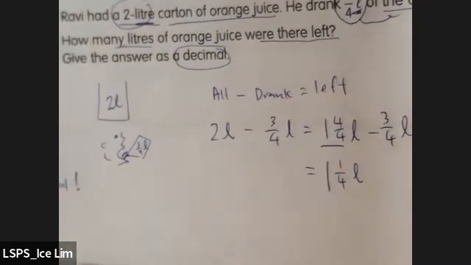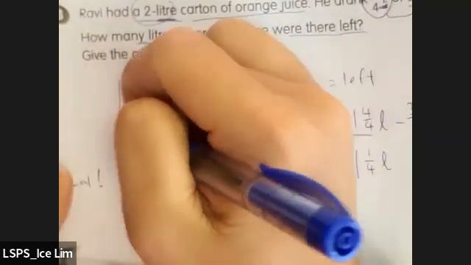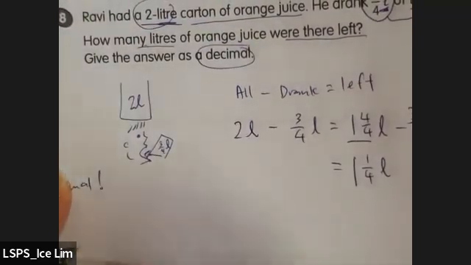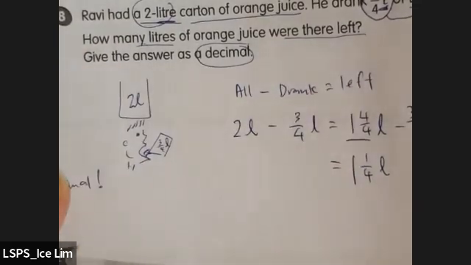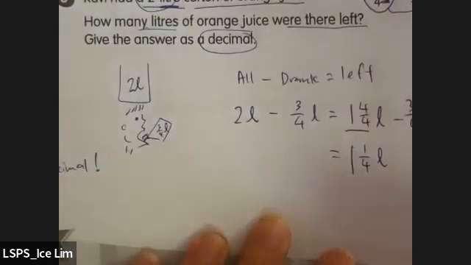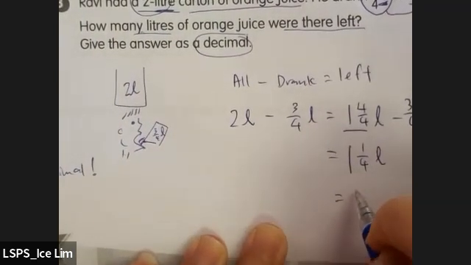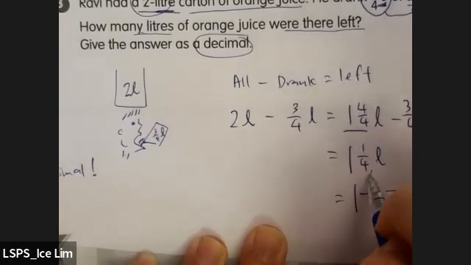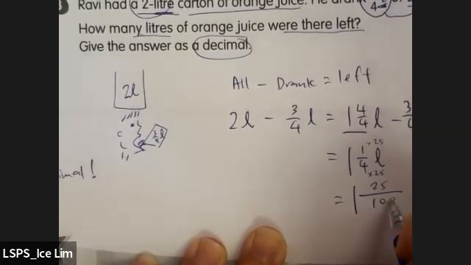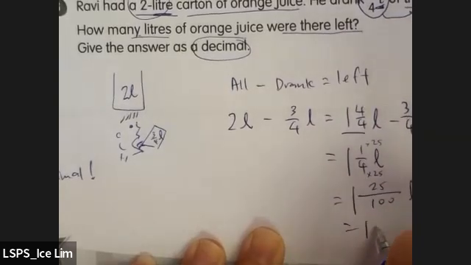Okay, so now I convert this to a decimal. I can times 25 over 25 over 100. So I have a 1.25.